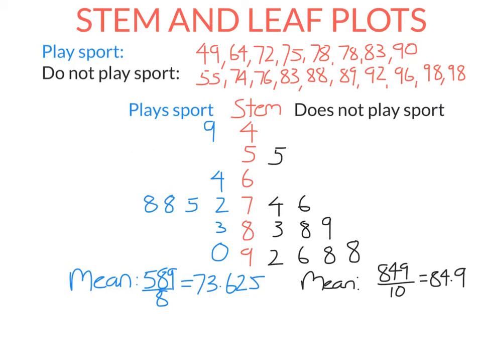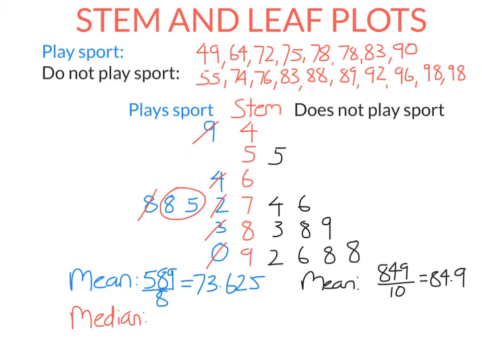Now, if we're finding the median, we can use the n plus 1 on 2 formula that we learned in a previous lesson. Another way people might like to do it is cross out the scores. We want to find the middle score, so we can cross out the two extremes, then the next lowest and next highest, and so on, and we have two middle scores here, 75 and 78.